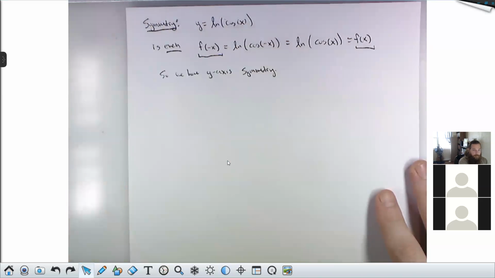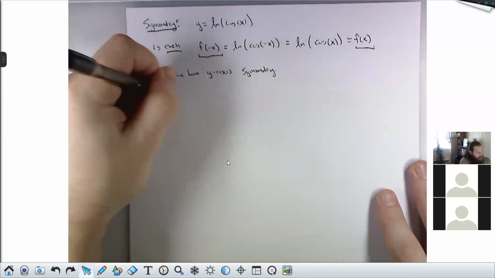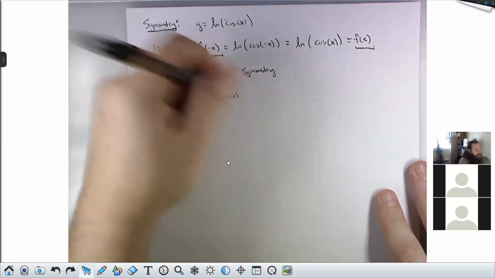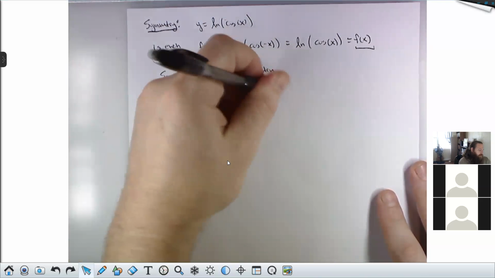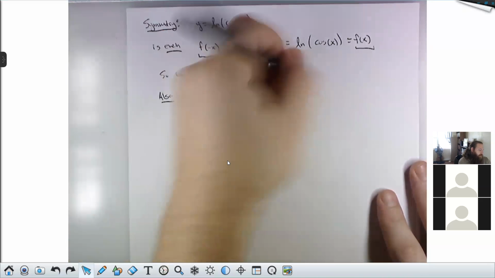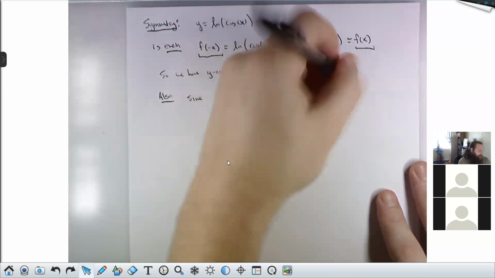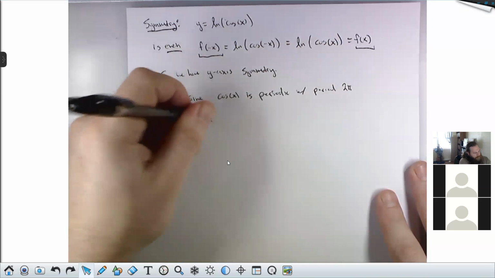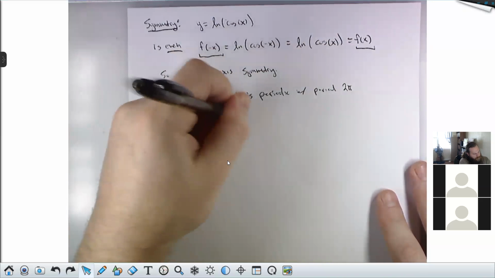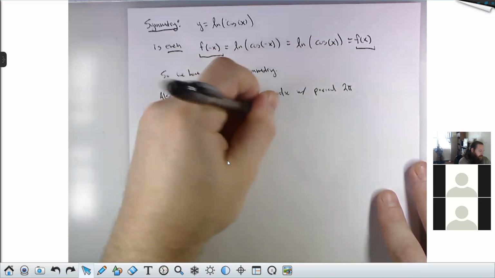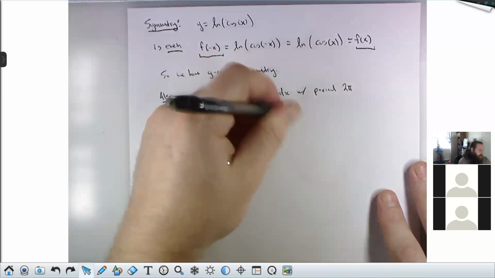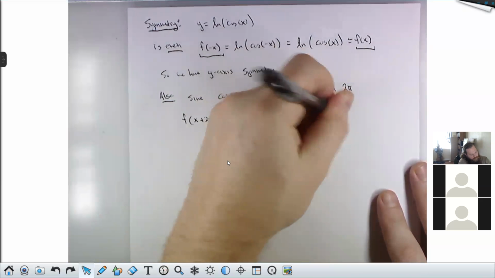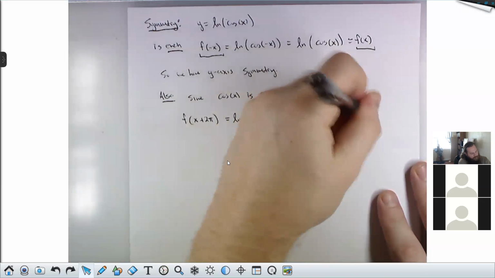It's also a periodic function. Since cos x is periodic with period 2 pi, f of x plus 2 pi is equal to the natural log of cos of x plus 2 pi, which is equal to the natural log of cos x, which is f of x.